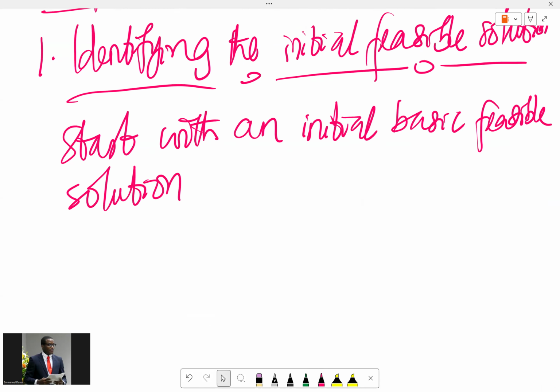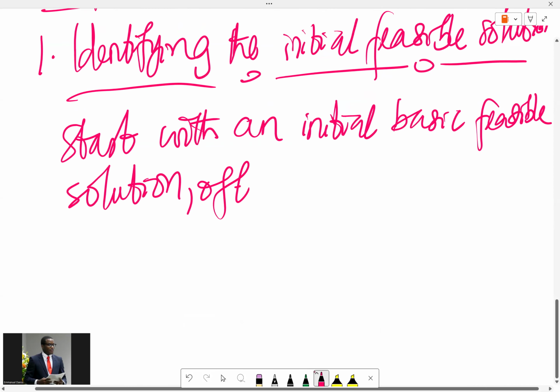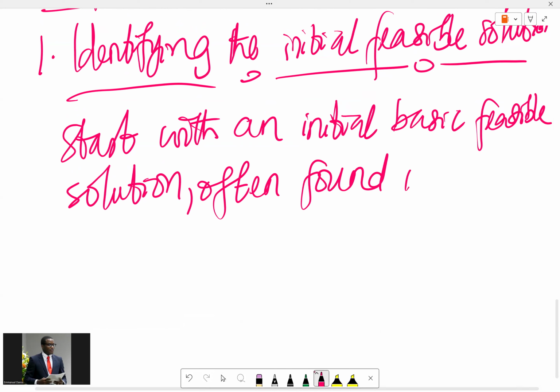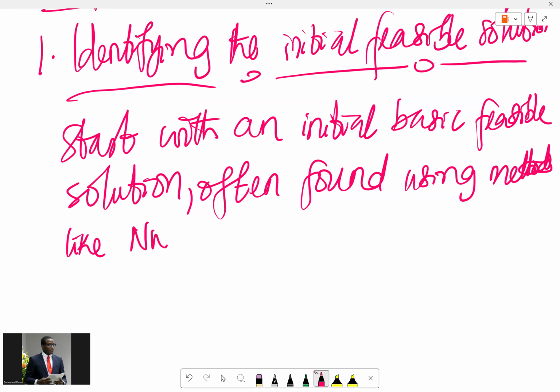It is often found using methods like the northwest corner rule, let me just call that NCR, or the least cost method, or Vogel's approximation method, VAM, and all that.